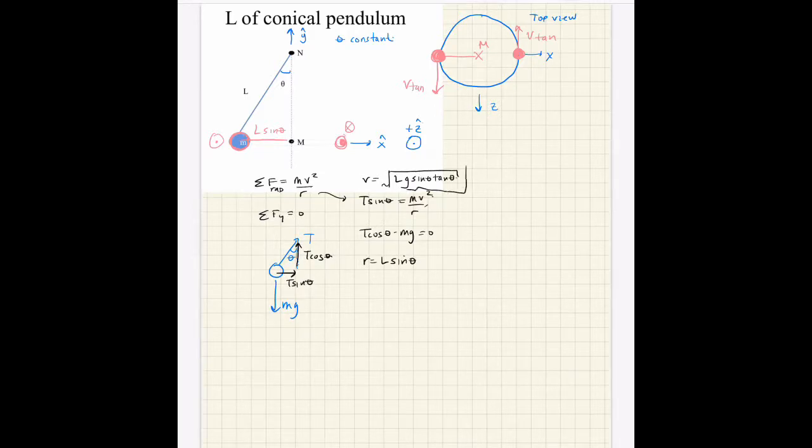And I'm quickly writing this up here to remind you. You solve these three and you get this, and this is the magnitude of this tangential velocity vector as it moves along. It's a constant, because theta is a constant, and length and g are constant too. It's constant because there are no tangentially pointing forces. I think we solved this problem in the homework, actually, as a homework problem.